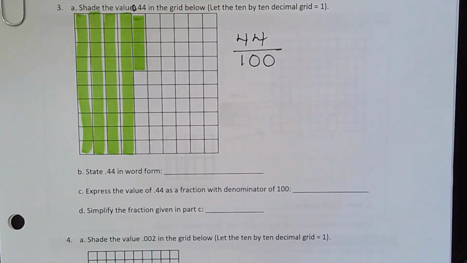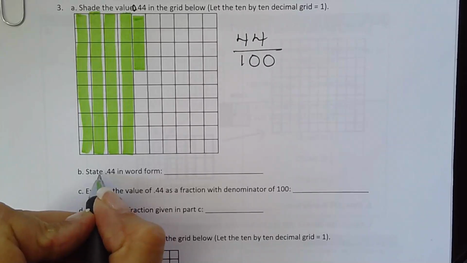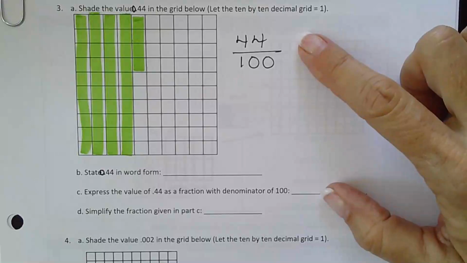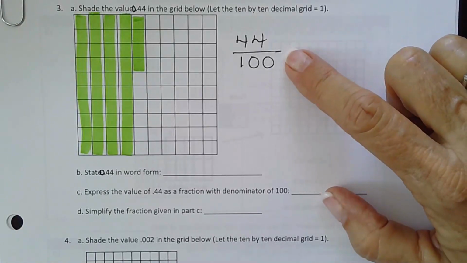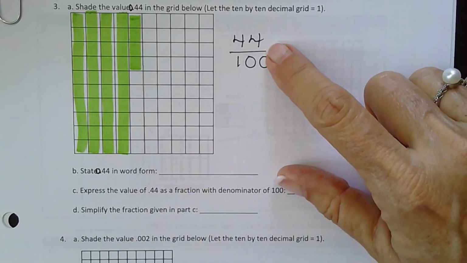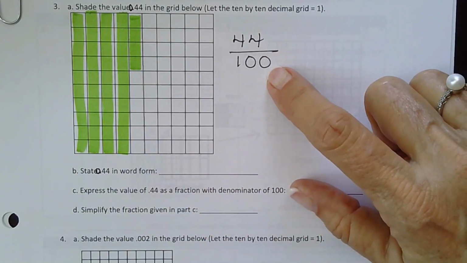And now we need to state this in word form. That's why I like to write it as a fraction, because how you read the fraction is how you write it in word form. This is read 44 hundredths.